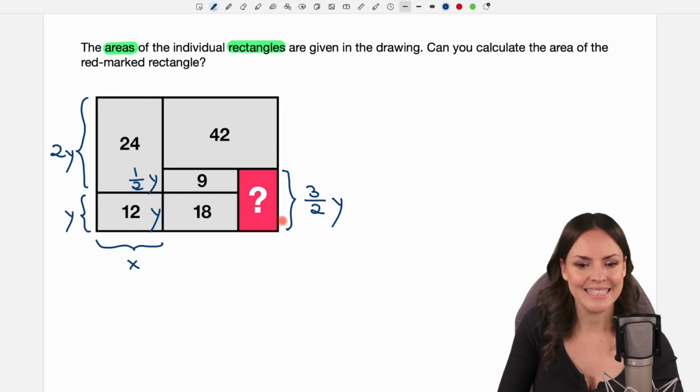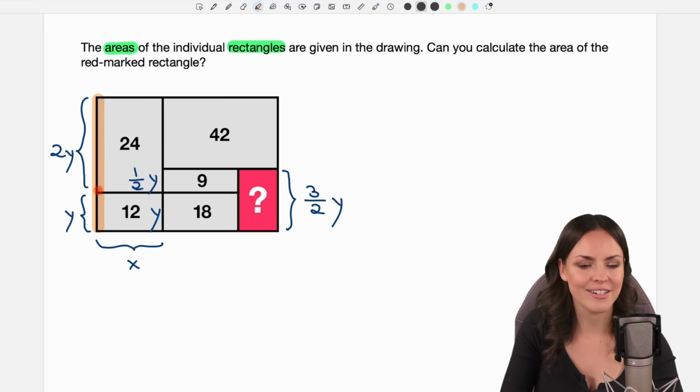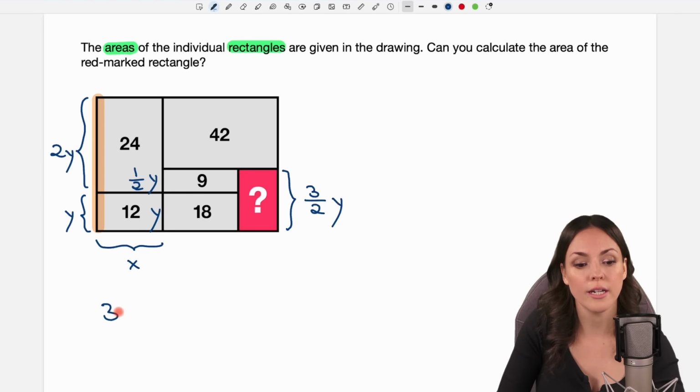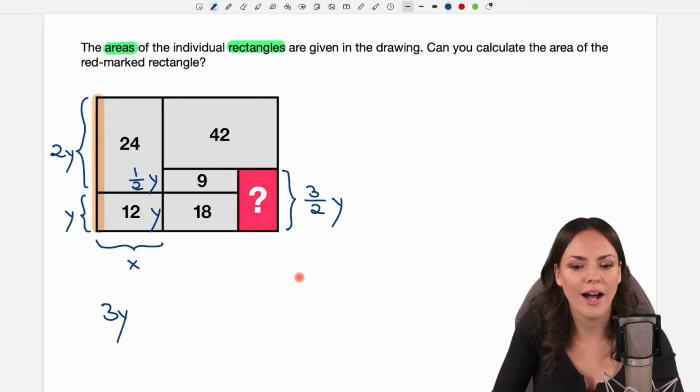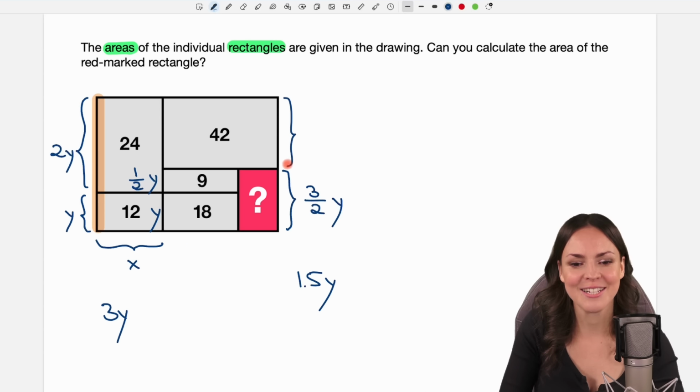And with this, we can also say how long this side here is, because the entire side is 2y plus 1y, so 3y. And if this part here is 1.5y, we said, now I go back to the decimals because it's easier to get to 3y in total.